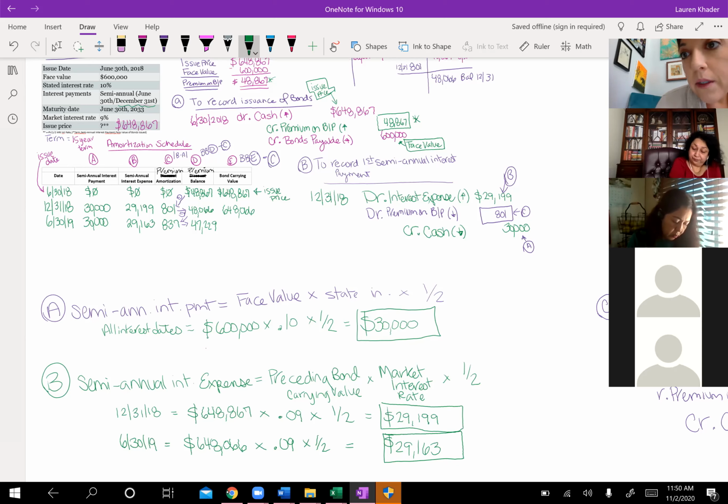Bond carrying value is also decreasing towards face value. So 648,066 minus 837. Our new bond carrying value is 647,229, correct.